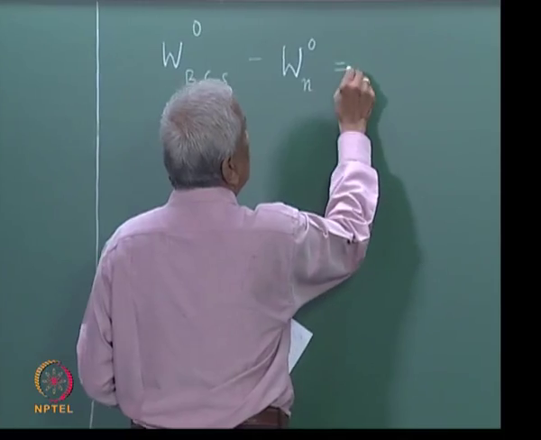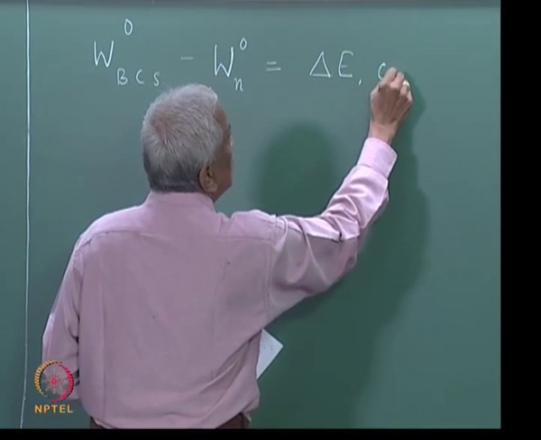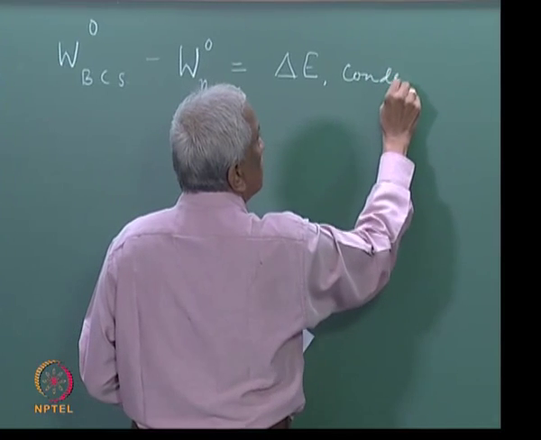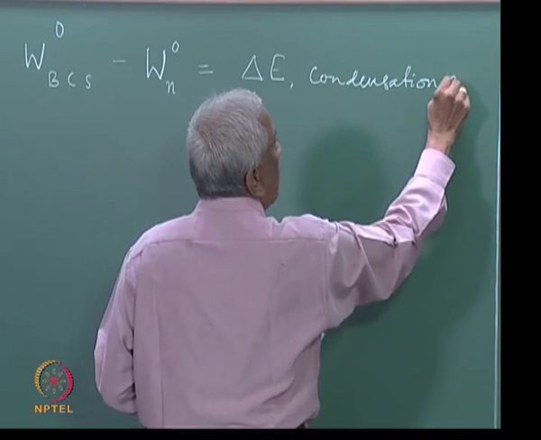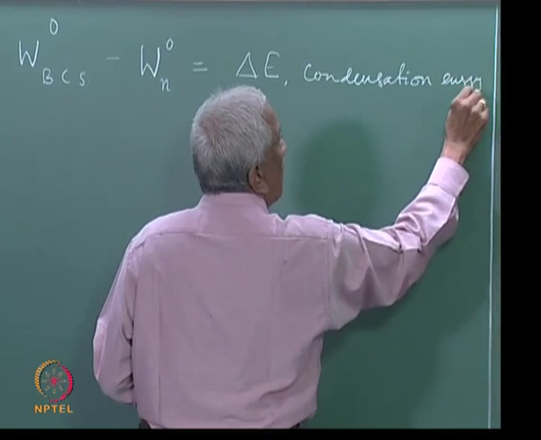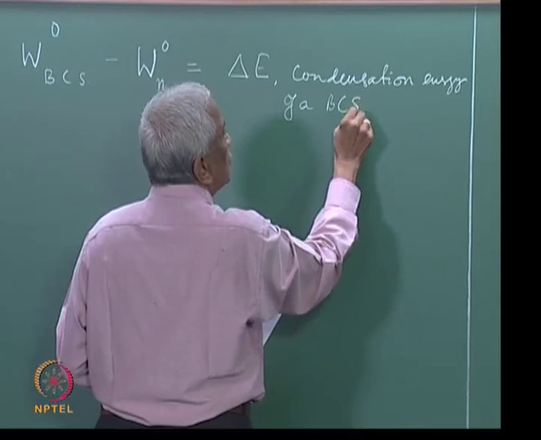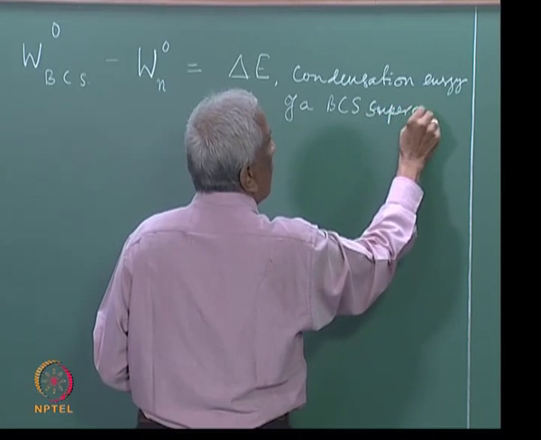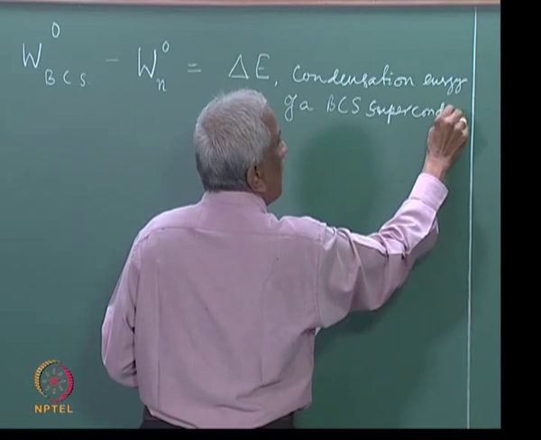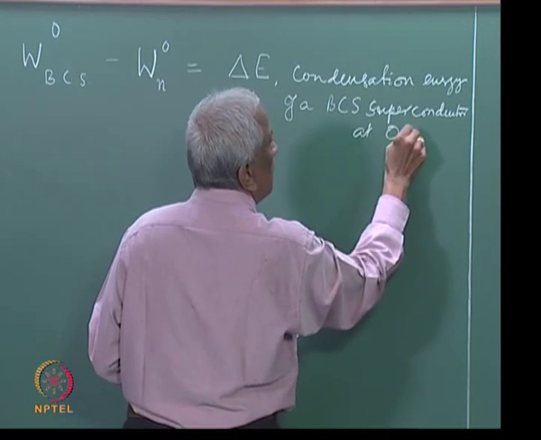That difference gives you the condensation energy of a BCS superconductor at 0 K.